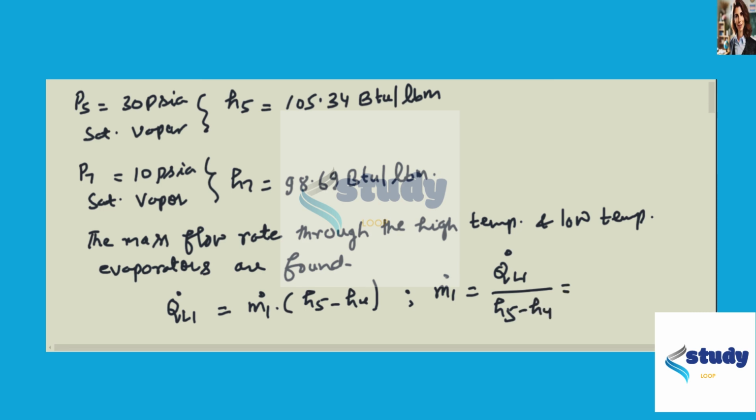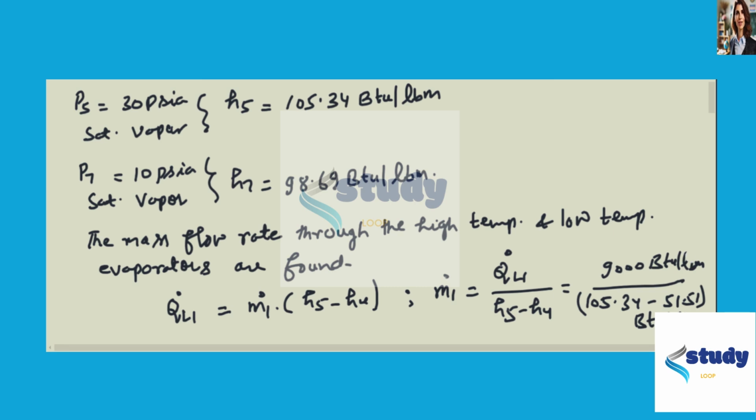Now substitute the values: 9000 BTU per hour divided by 105.34 minus 51.51 BTU per pound mass.